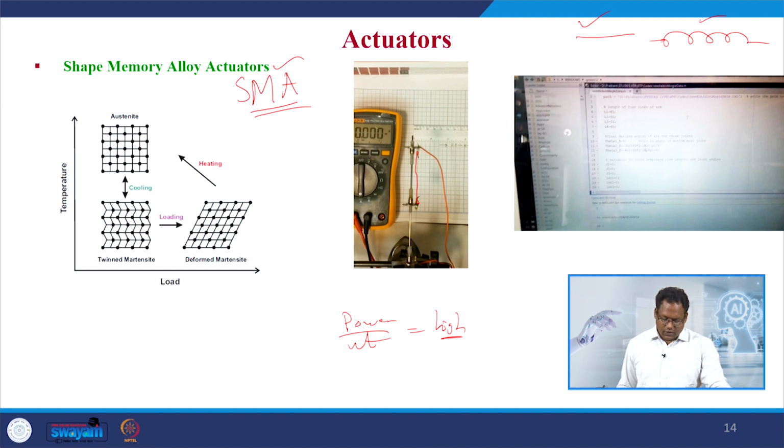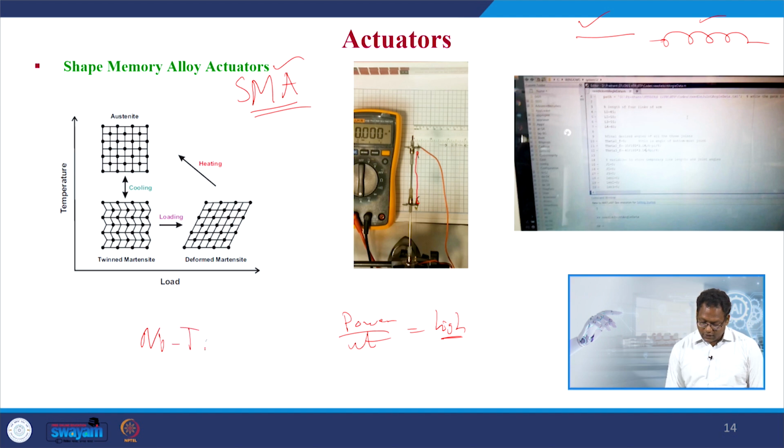It has a diameter of 0.45 millimeter, and we can say that the SMA actuator is basically a metallic alloy which is a combination of nickel and titanium.